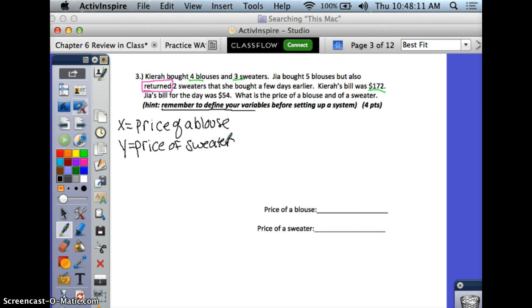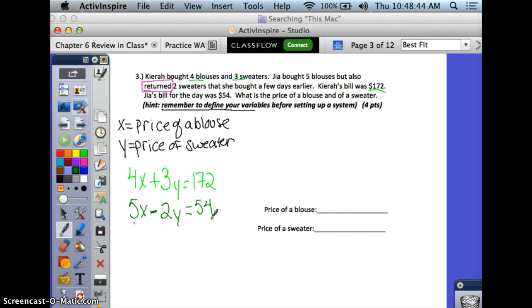To make Kiara's equation, her equation would be 4 times the price of the blouse plus, because she's adding on more, 3 times the price of a sweater, Y, equals her total bill of $172. Whereas Gia, she bought 5 times the price of a blouse, but since she returned 2 sweaters, she took away from her total 2 times the price of a sweater, and her bill was only $54.